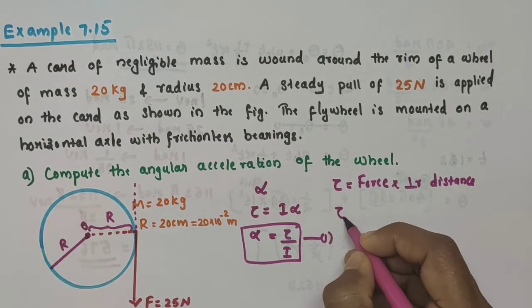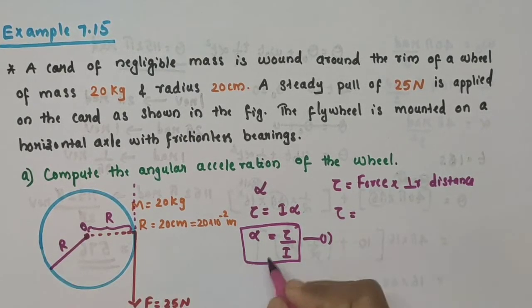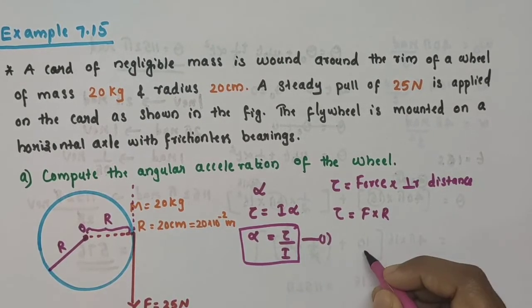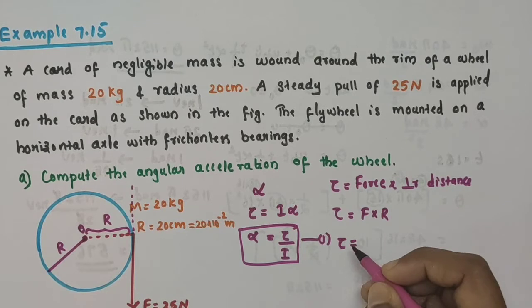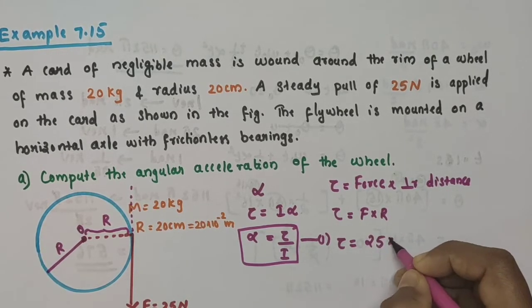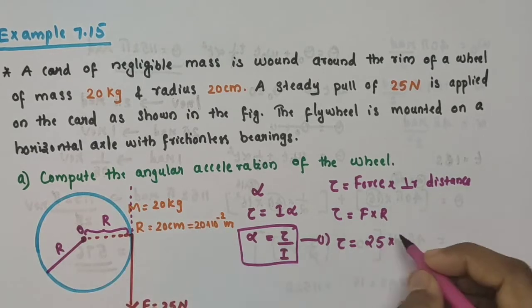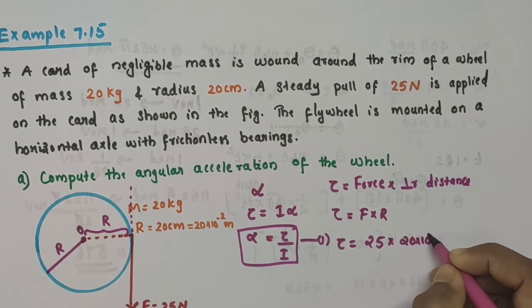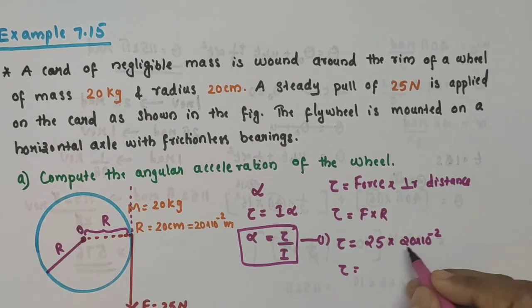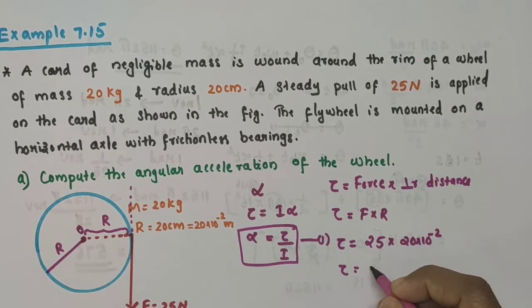So, here we can write the torque tau is equal to force F into perpendicular distance, that is R. What is the value of F? F is equal to 25 Newton into R, and R is equal to 20 into 10 raised to minus 2 meter. So, tau is equal to 25 into 20, that will give you 500.